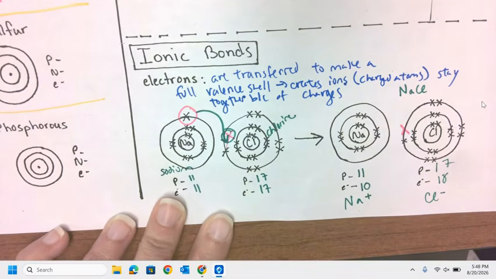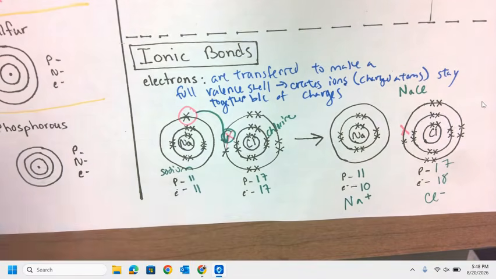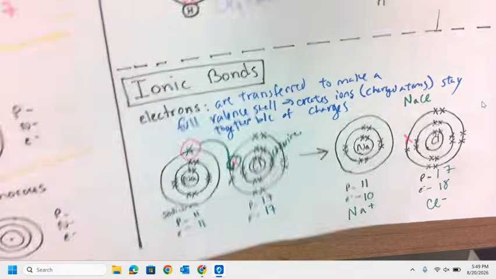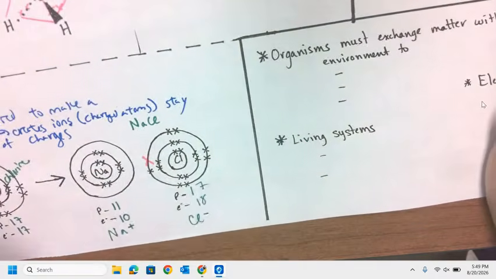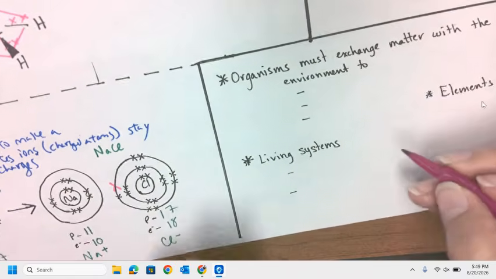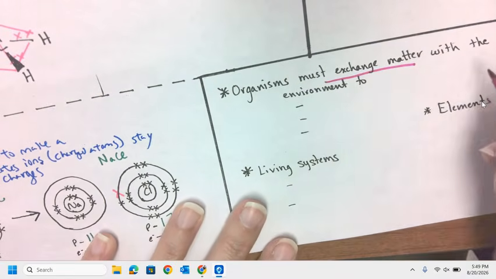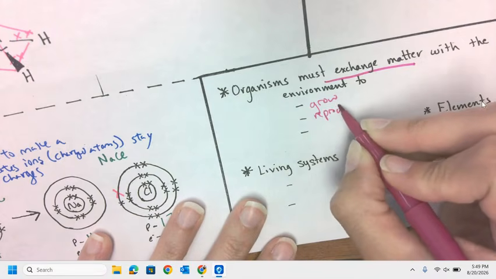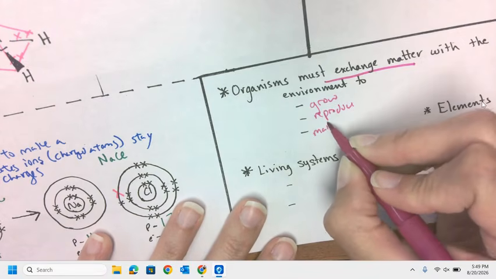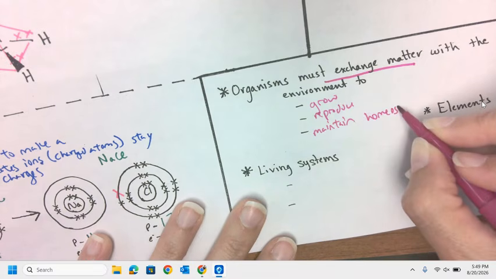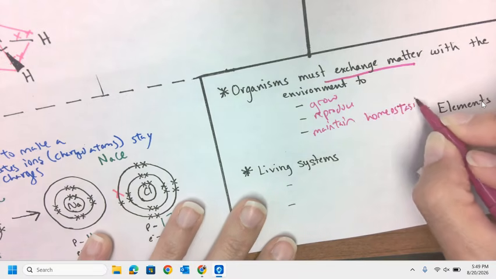So why are we talking about bonding? We're talking about bonding because these bonds are used to make all the structures in our body, and because when we think about making and breaking bonds, we need to think about organisms. Organisms must exchange matter with the environment to grow, to reproduce, and to maintain the homeostatic control of the organism.